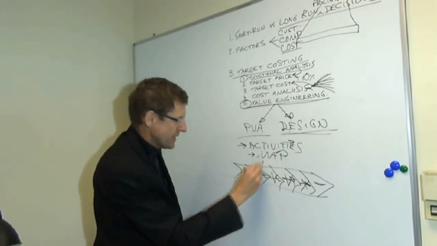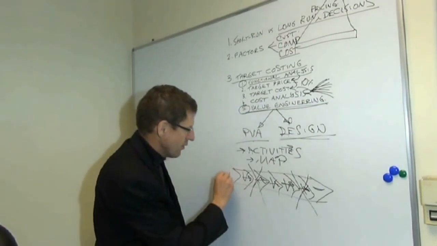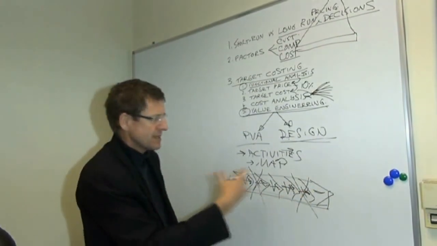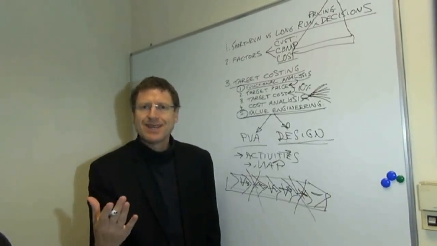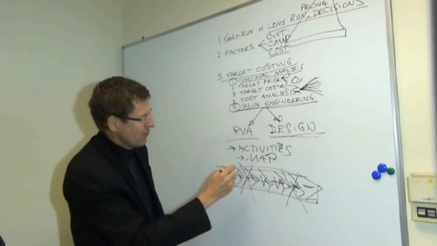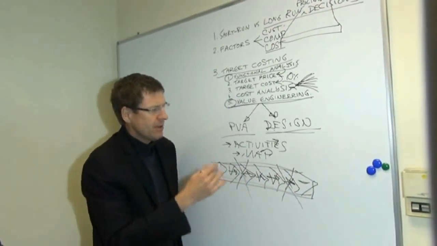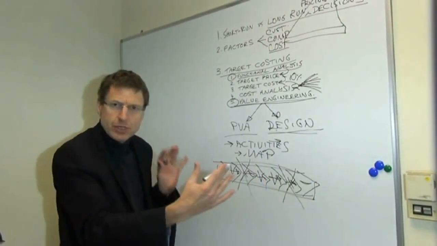So therefore we try and eliminate that activity, and so therefore the total resources consumed by the activities in making the product are less. So there we have our activity map, and so through cutting down the non-value added activities, we are able to reduce our costs.